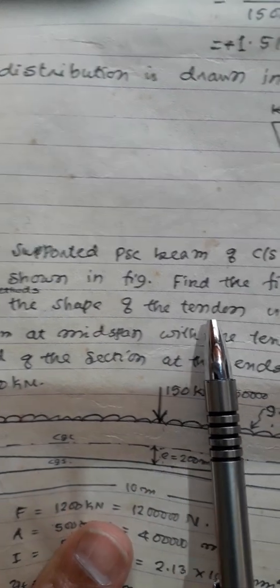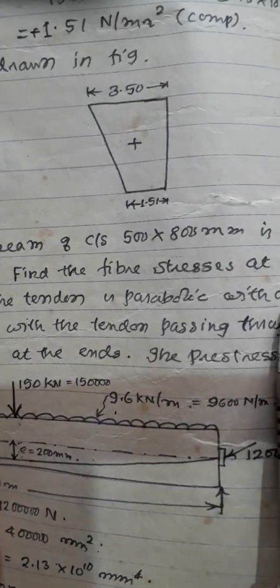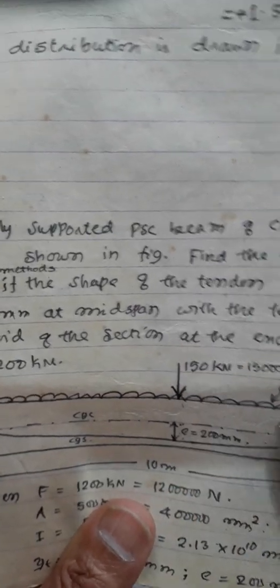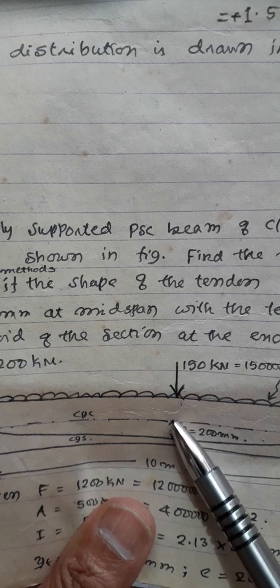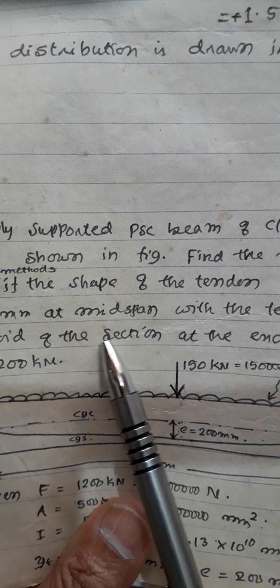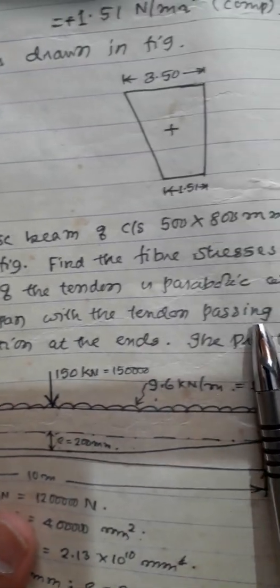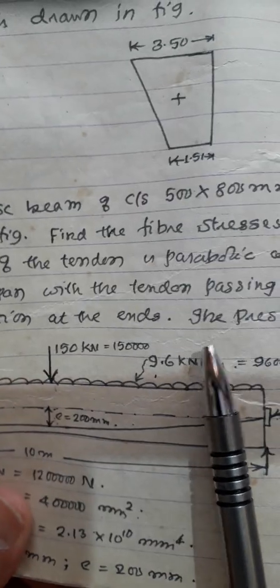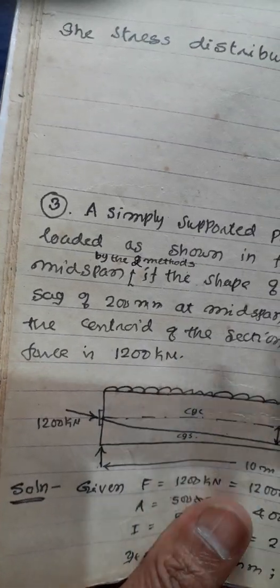The shape of the tendon is parabolic with a sag of 200 mm at midspan, with the tendons passing through the centroid of the section at the ends. The pre-stressing force is 1200 kilonewton.